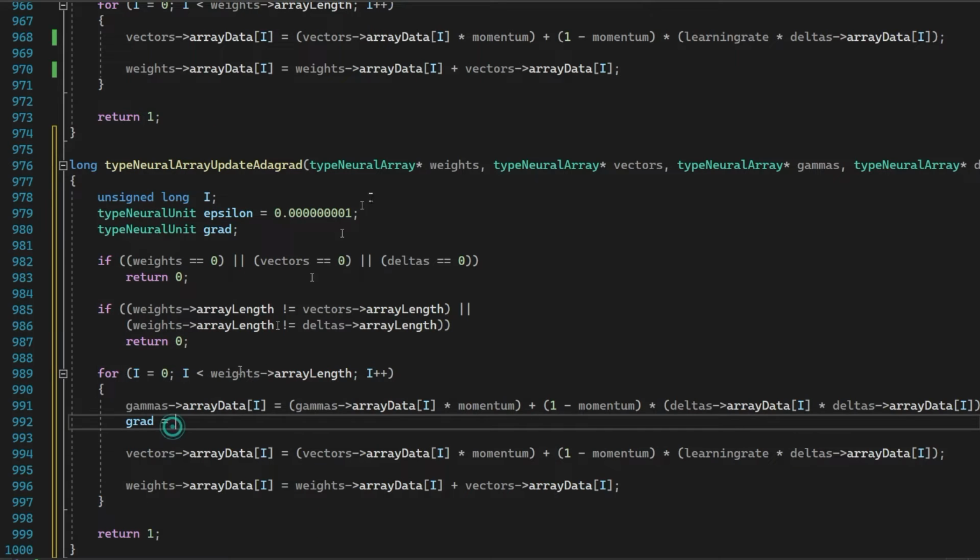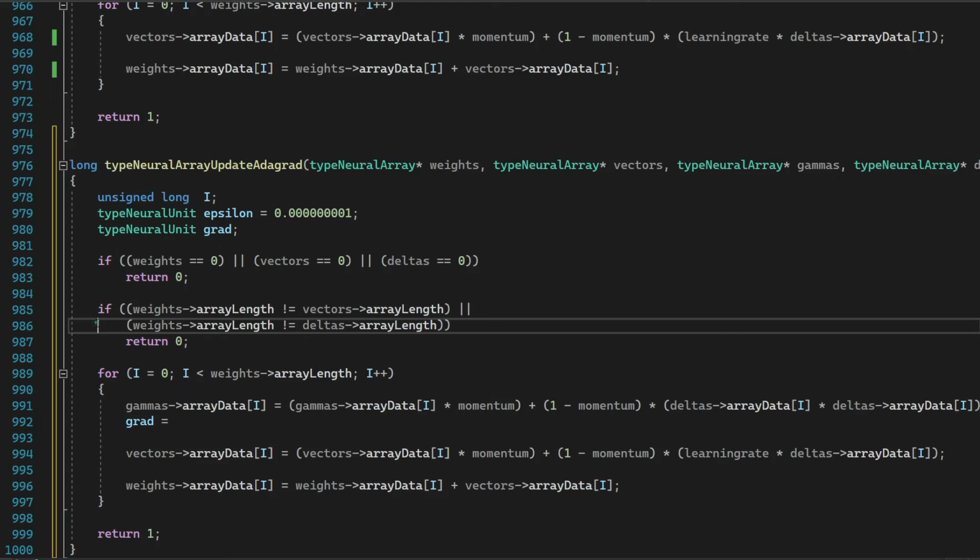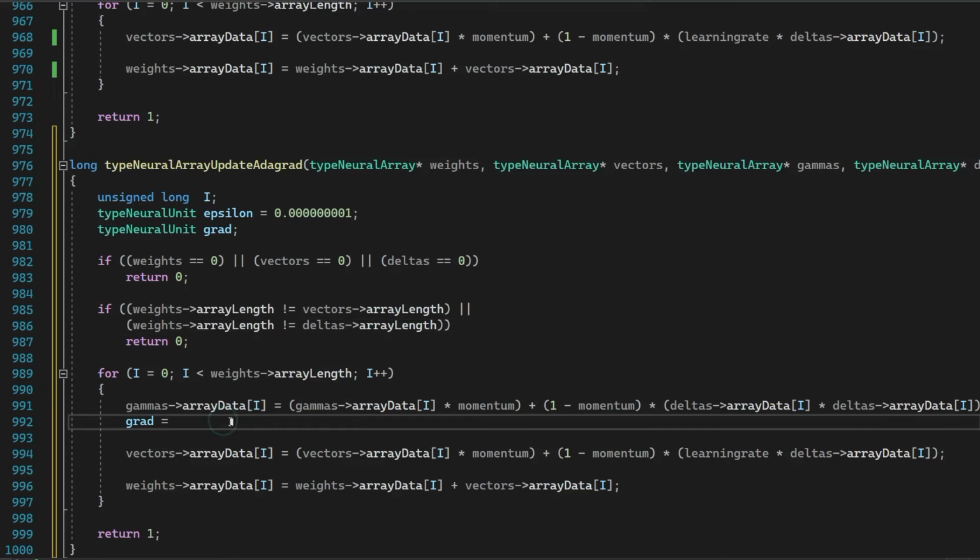Yeah, I got a grad. Okay, grad again. Grad is the square root of the gammas plus epsilon. Is it learning rate times?